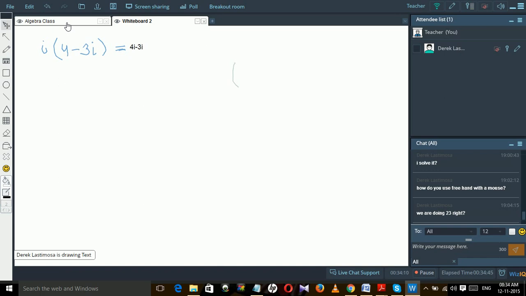4i, yes. You can write iota square equal to -1 directly.